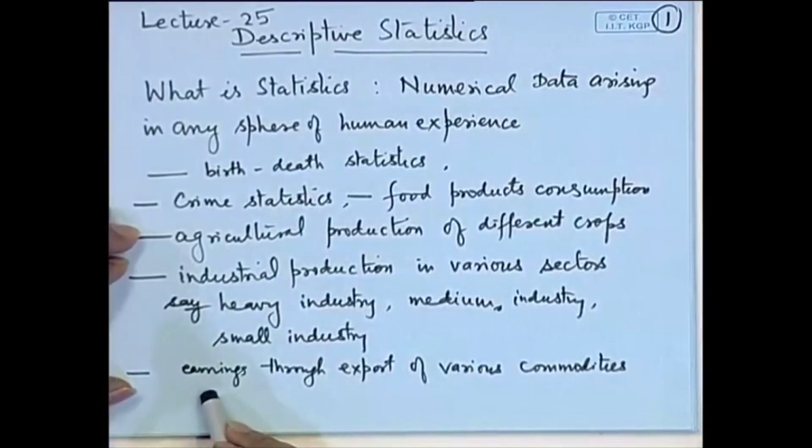Another data which is regularly collected is earnings through export of various commodities. For example, the government gives certain incentives for export of an item of a particular type, and then it wants to see the effect on that, what is the increase in the export of those categories.